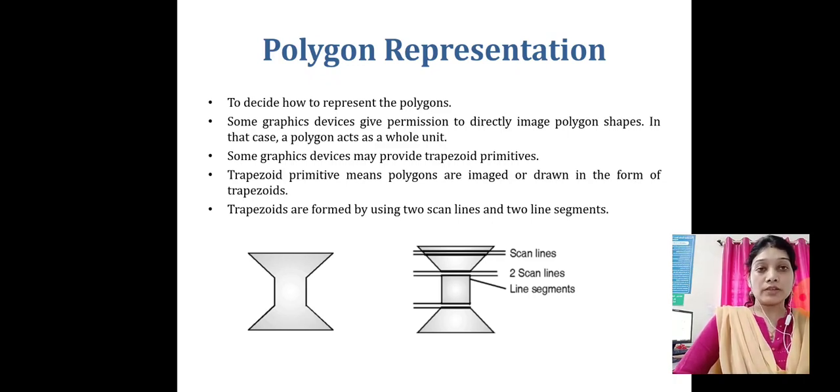Instead they divide the polygons into trapezoids. That is also called trapezoid primitives, in which polygons are imaged or drawn in the form of trapezoids.